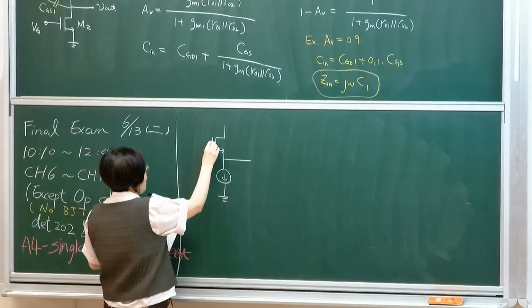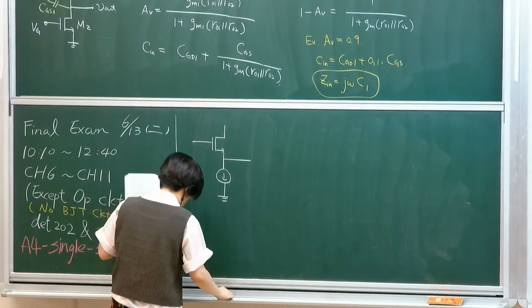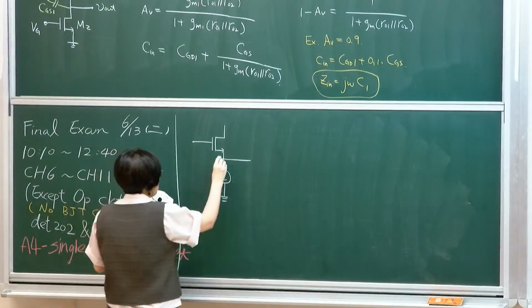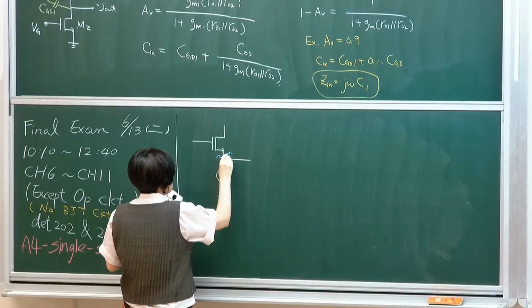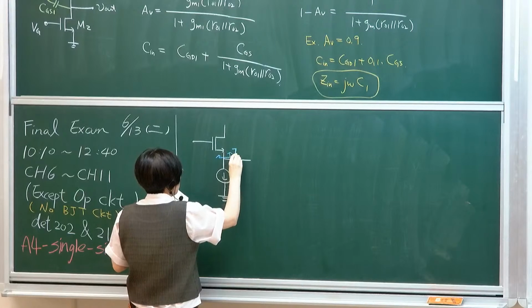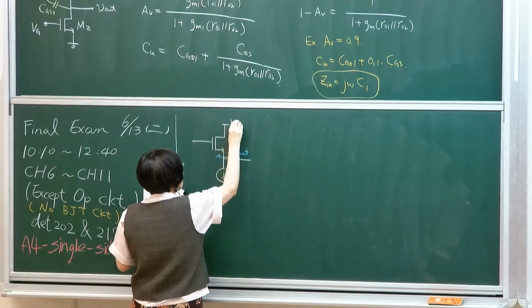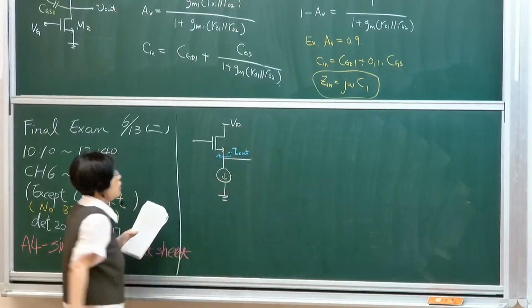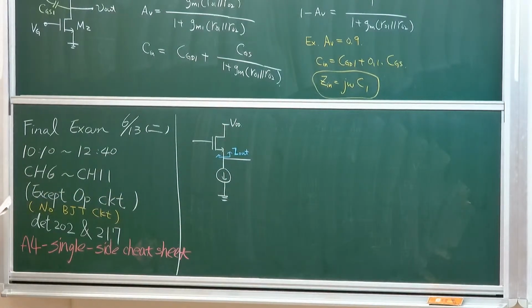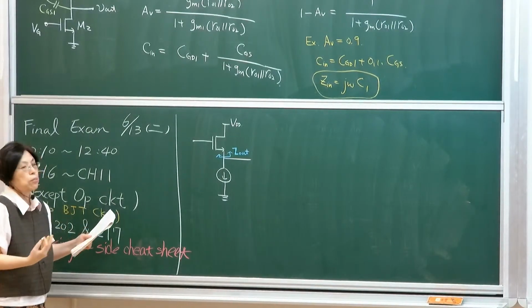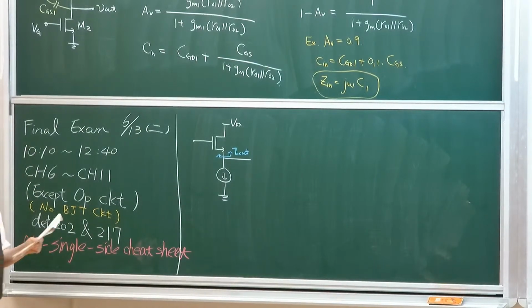I want to look purely in from the source terminal, ZL. Okay? So I want to look at the effective impedance looking in from the source terminal of my follower circuit.